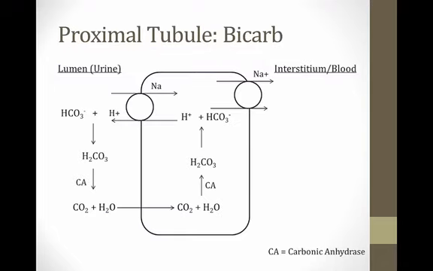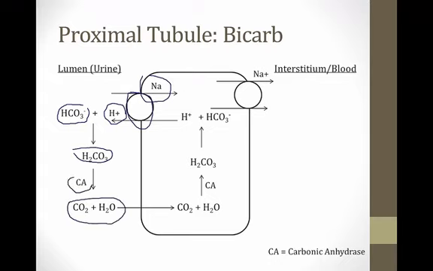So let's review what's going on in the proximal tubule that can lead to a contraction alkalosis. Angiotensin II is going to activate this protein right here. That's going to cause more sodium to be reabsorbed in exchange for hydrogen atoms. These hydrogen atoms are going to combine with bicarb to turn into carbonic acid. Carbonic acid will be converted into CO2 and water by carbonic anhydrase.